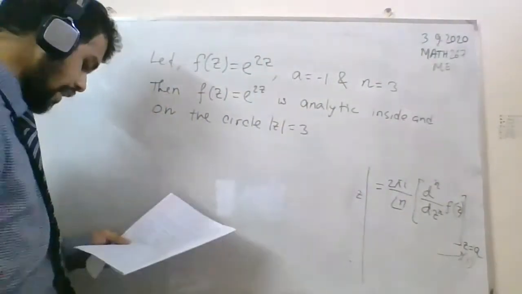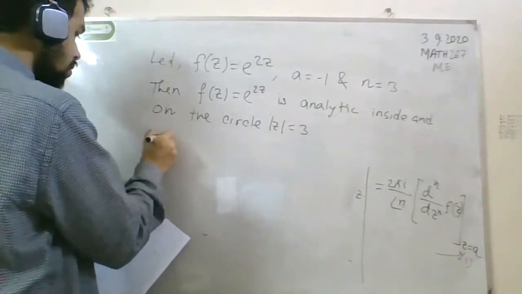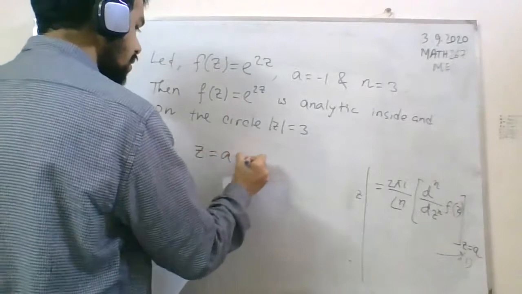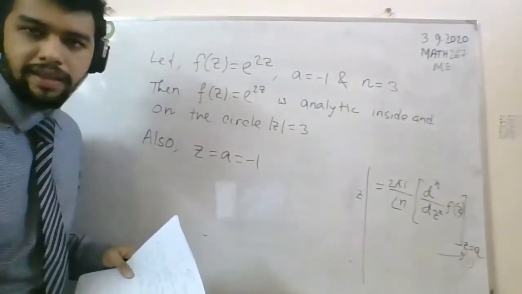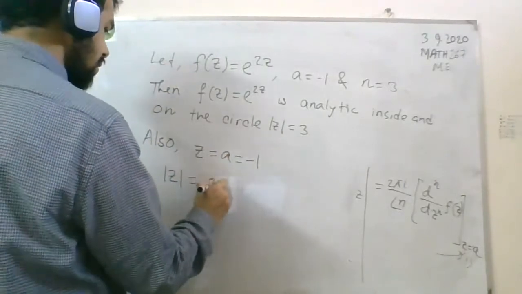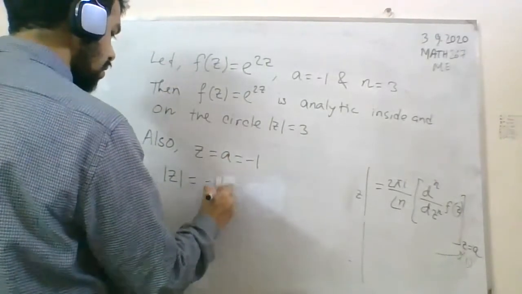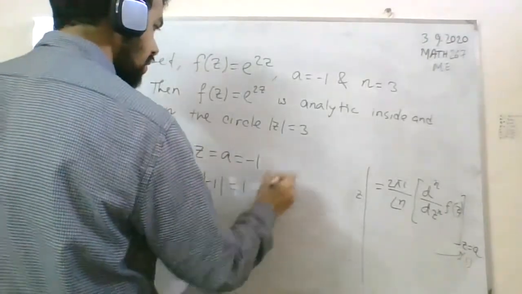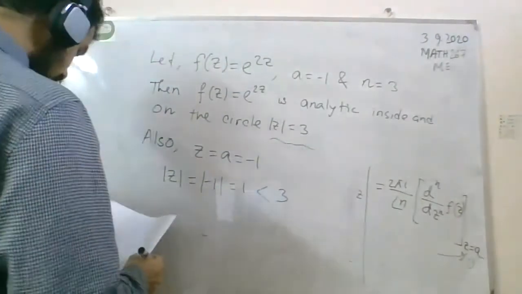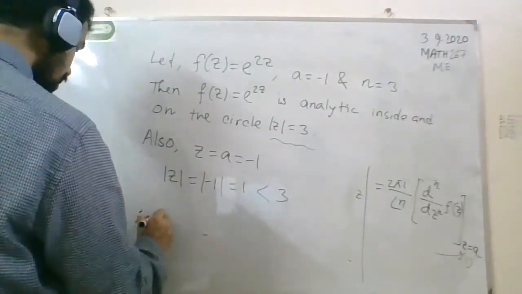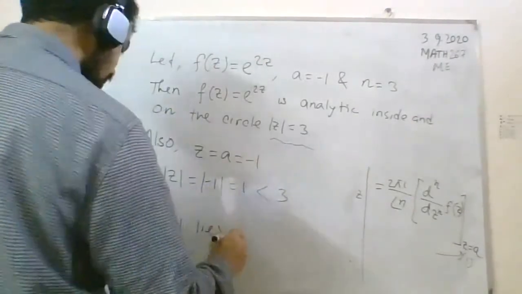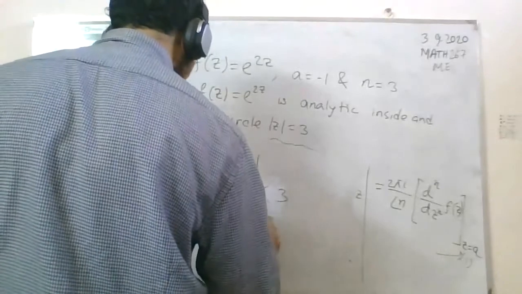If it is analytic, also you can say that z equals a, here equals minus 1, and then just take a modulus on it. You can say minus 1 plus 1, which is less than 3. Okay. So that means z equals minus 1 lies inside the circle.